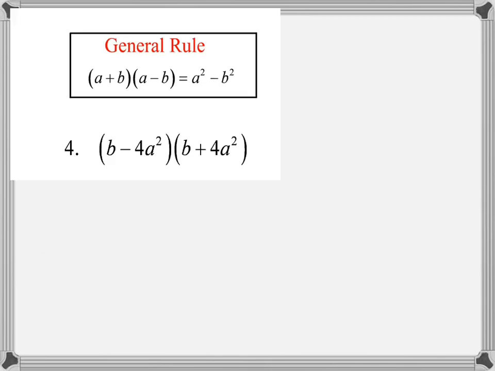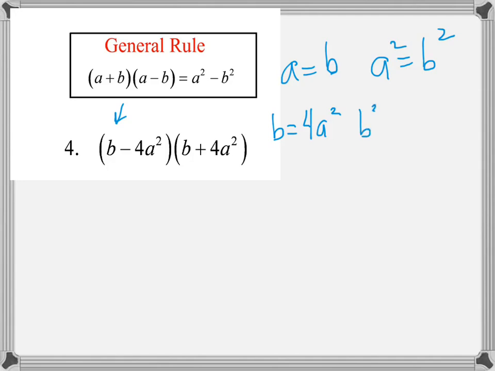Okay, so in this case, the term that's standing in for A is actually B, the way we wrote it. So A squared is going to be B squared. And the term that's standing in for B is 4A squared.